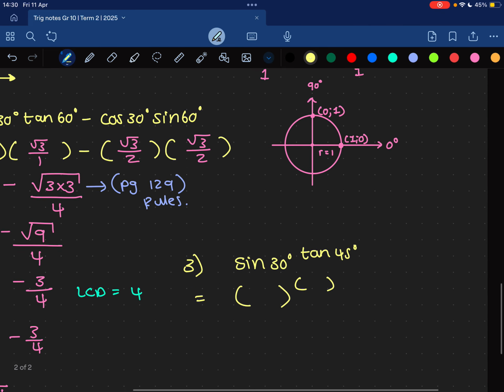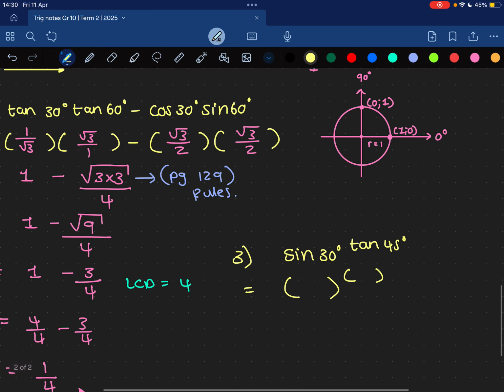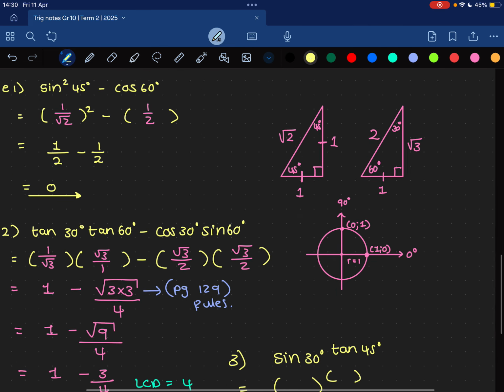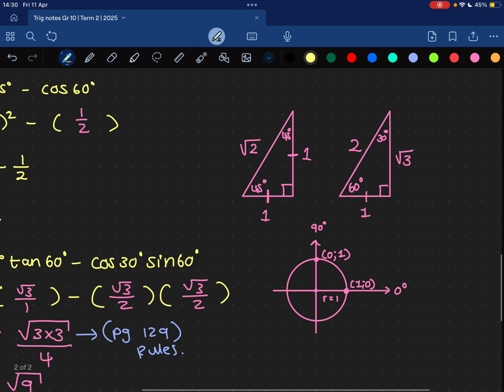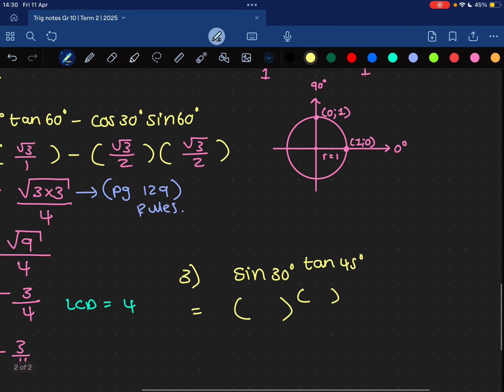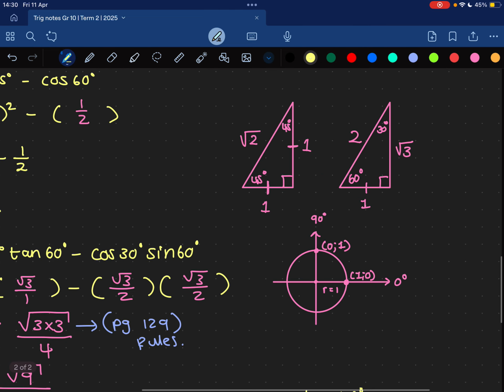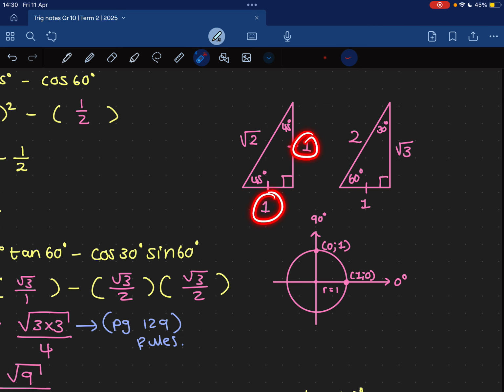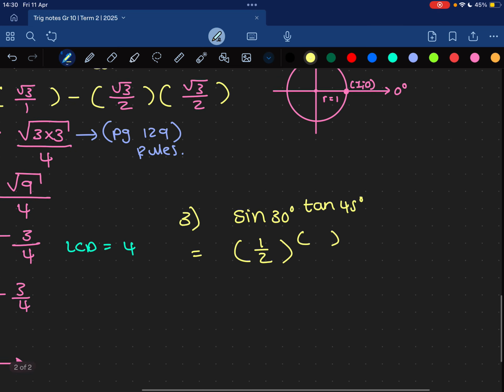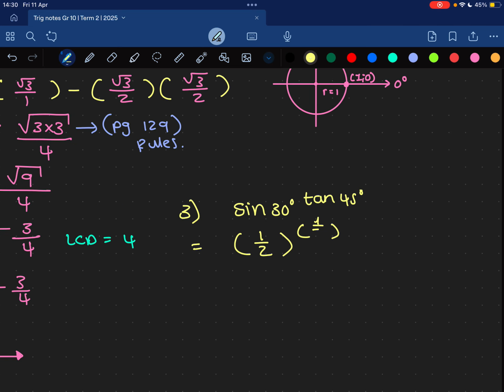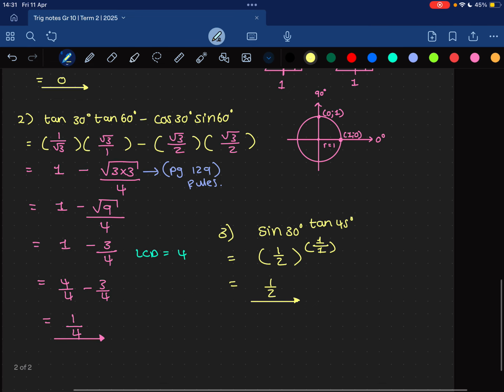Sine of 30 hopefully is something that you are already starting to remember, but if not, you can go back to the top and you'll see sine of 30 is just a half. Tan of 45 is going to be 1 over 1. Okay, opposite over adjacent. Make sure that you put 1 over 1 so that I can see that you've used the ratios correctly. So it's 1 over 2, just like that, because it's to the power of 1.